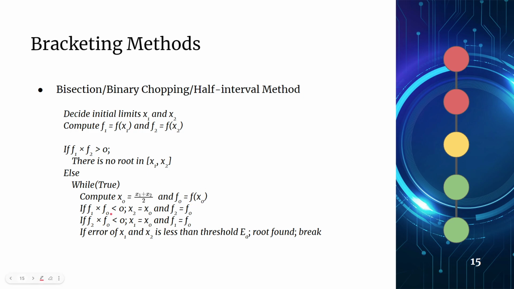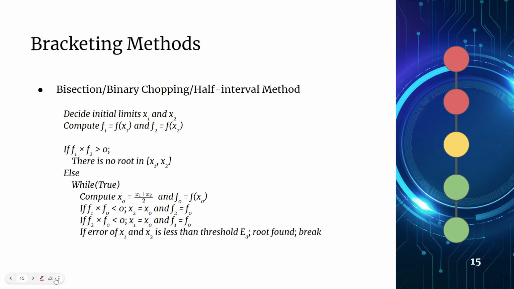Then once again, if f1 into f0 is less than 0, then we will update x2 to become x0, and as x2 takes the value of x0, f2 will take the value of f0. Otherwise, if f2 and f0 multiplied is less than 0, then x1 will be x0 and f1 will be f0. And once the error of x1 and x2 is less than the given threshold, ea or er, the root will be found and we will break the loop.